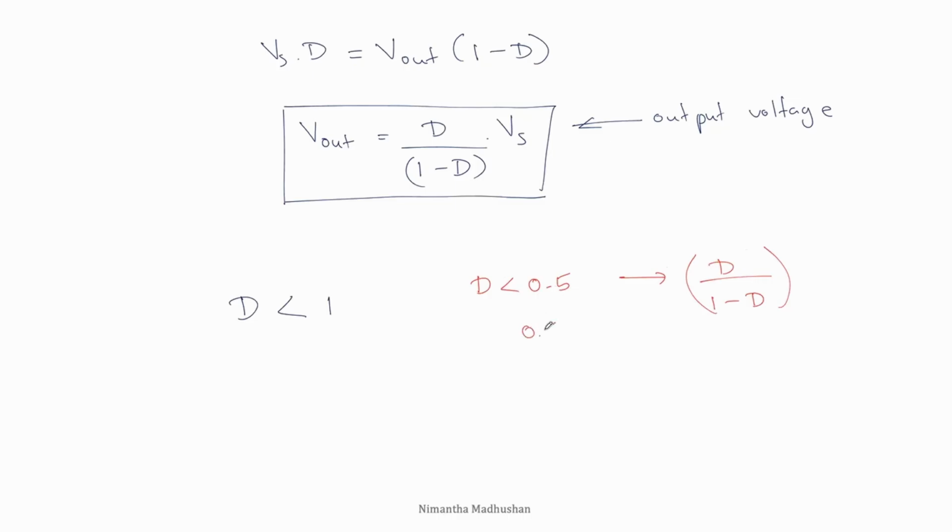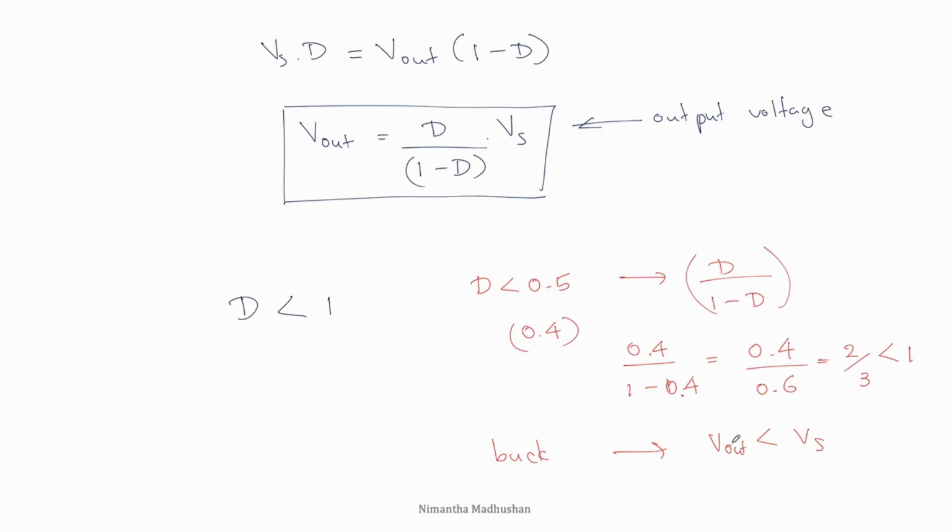Assume I consider 0.4 as an example. 0.4 over (1 minus 0.4), which is 0.4 over 0.6, equal to 2 over 3. This value is less than 1. For this condition, Vout is less than Vs. If the d value is less than 0.5, it acts as a buck converter.